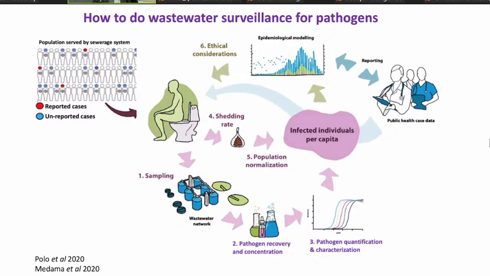It's important to note that amongst those individuals, there are people that have reported cases of infection, and also those that have not reported cases due to several other reasons. The importance of using sewage water is that in the sewage water of a target population, you will be able to cover samples that represent reported and unreported cases.